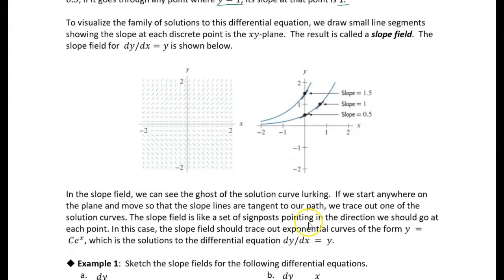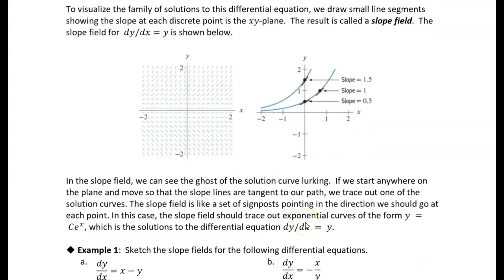And by doing that, we see a little bit of a ghost of the solution lurking in that slope field. If we have a particular value that we know the function satisfies, then those little line segments that indicate the slope are like signposts that direct us to the next value.